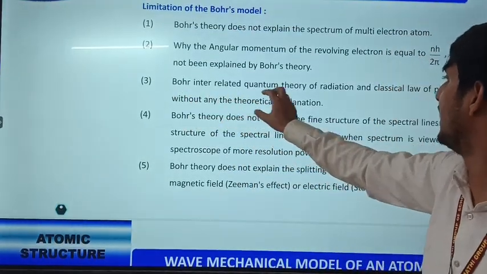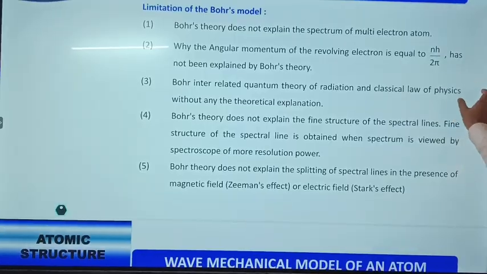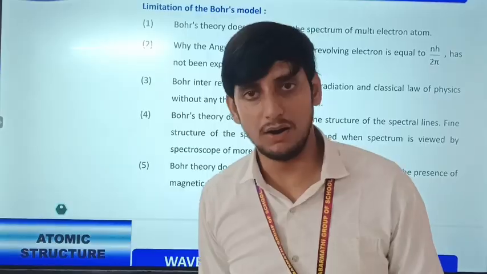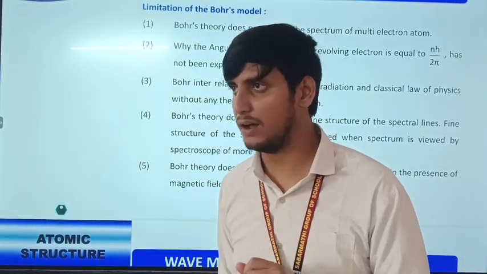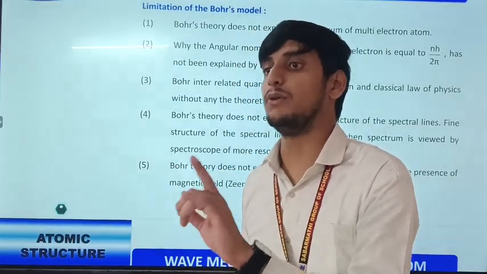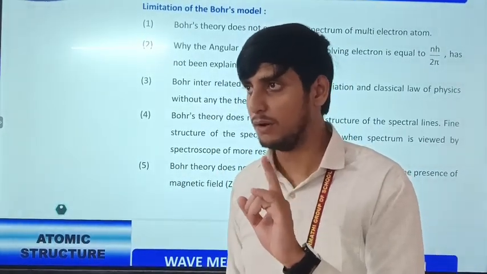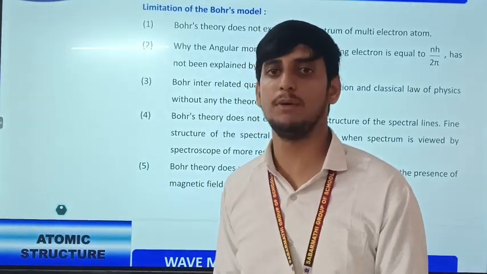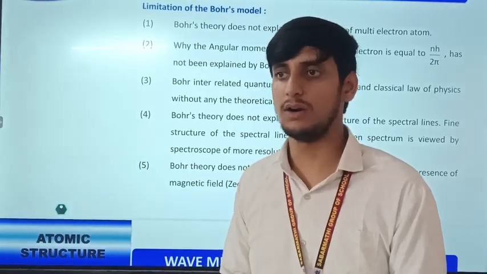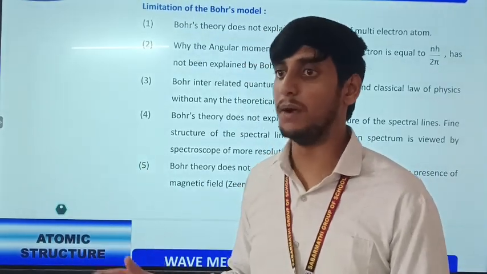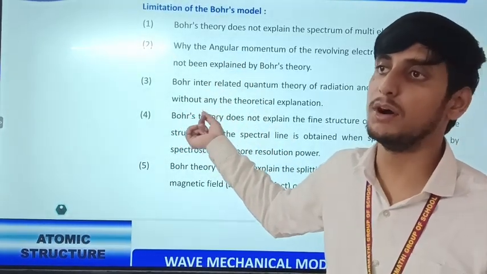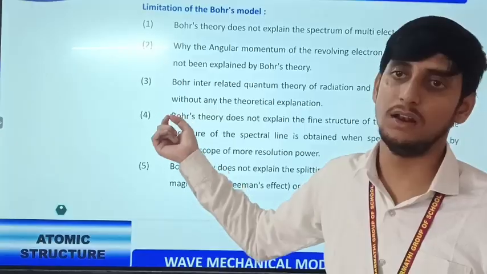Third, Bohr interrelated the quantum theory of radiation with classical laws of physics without any theoretical explanation. Bohr's theory is based on the classical law of physics, but we know that according to the classical law of physics, we can calculate only for macro objects, like a block, a car, a train. But Bohr, without any explanation, said this theory is based on classical law of physics.